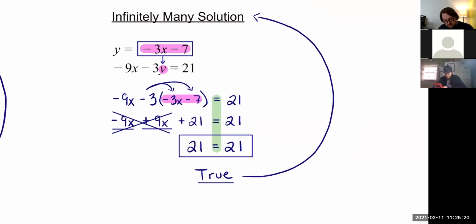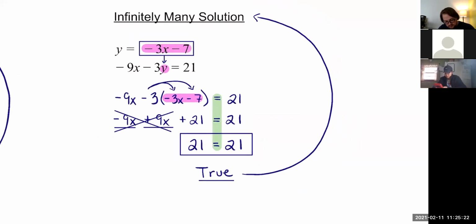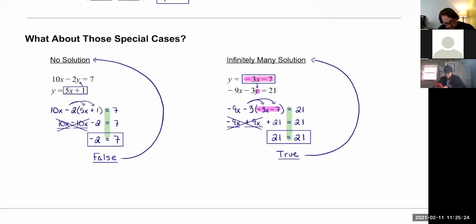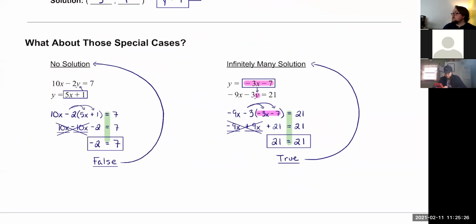Yes, Jordan. Just trying to make sure I'm keeping good notes here. So we would say that when presented with no variables in a false statement, you have no solution. When presented with no variables in a true statement, you have an infinite solution. In both statements, the variable went bye-bye, but one's true and one's false. Good.